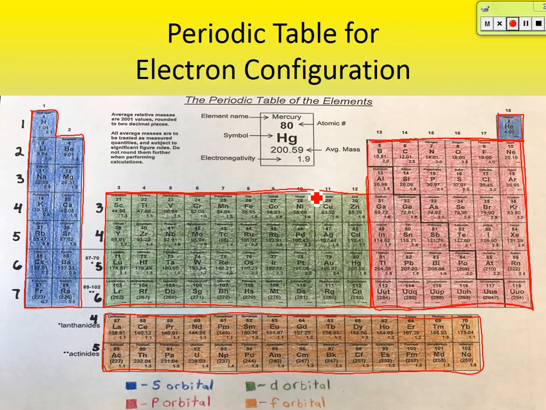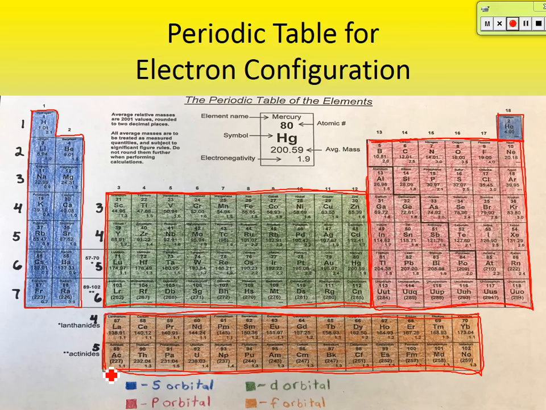This block of elements is called the d orbital. So everything within this area on your periodic table is colored a certain color, and call it the d orbital. And then finally, these last two rows on the periodic table are the f orbital. So make your key at the bottom, please. That's a very important part.